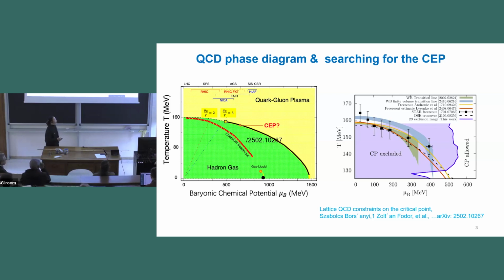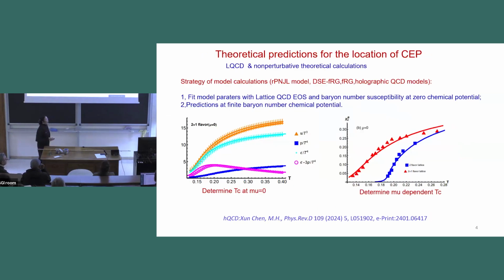Anyway, so this is the situation from experiment and also from lattice. And now we're back to the effective models, from four-dimensional effective models and also five-dimensional holographic QCD models.